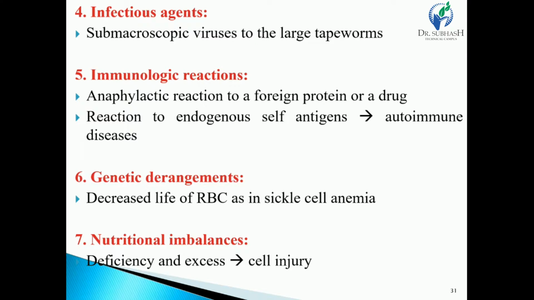Due to addiction to drugs, alcohol, and smoking, it could lead to the formation of ulcers, could be in the esophagus, or next the stomach or the duodenum. It can even lead to hypertension and certain other ischemic heart diseases, right? So these again come under the causes of cell injury.